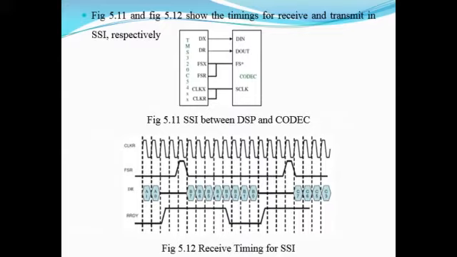These are the signals available, DX and DR, one for transmit and one for receive. The clocks for transmission and reception are indicated as CLKX and CLKR. The synchronization clock signal SCLK is also considered in the codec, which is the interface between the DSP and the codec, along with FSX and FSR.